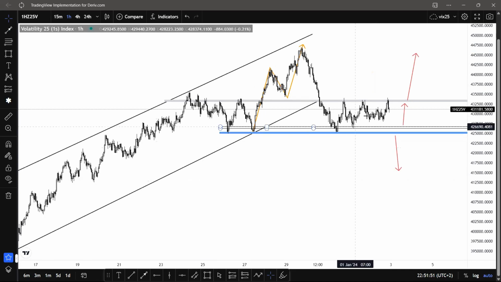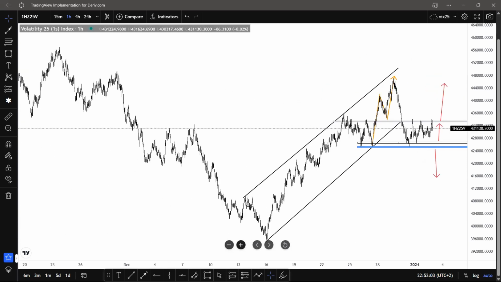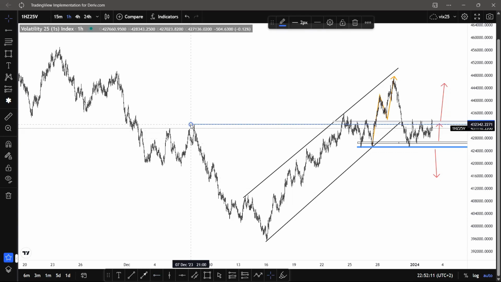So right now, the structure is still very much bullish because we have not broken below this blue zone here, okay, which kind of goes back to the way I explained in the beginning of the video, right? Remember where this had this right here. This is what we had, okay?